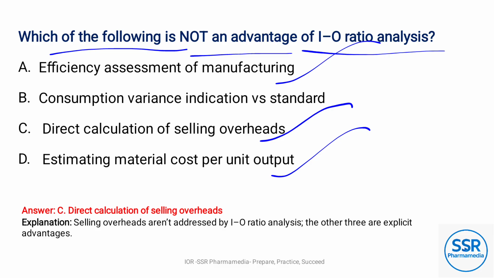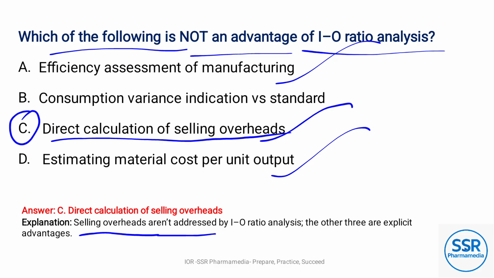The answer is option C, direct calculation of selling overheads. Selling overheads are not addressed by input-output ratio analysis. The other three are explicit advantages.